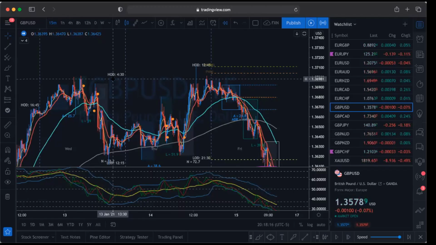So somebody pick a pair. What did we do yesterday or last week? What's a pair that has some movement? Last week was USD CAD and something else. I think it may have been pound JPY. I'm not sure.